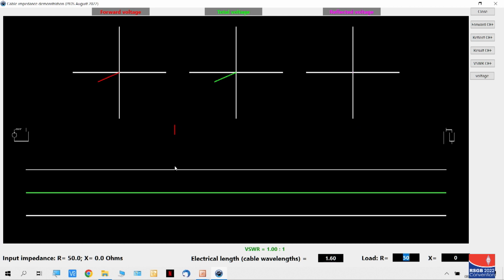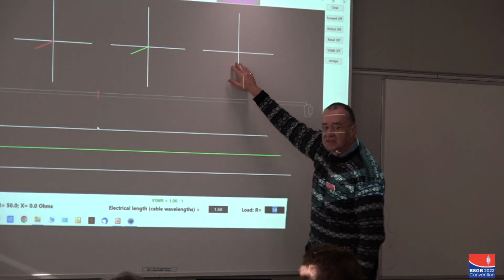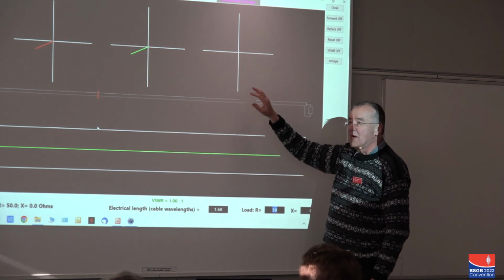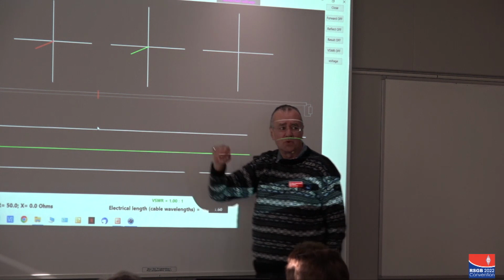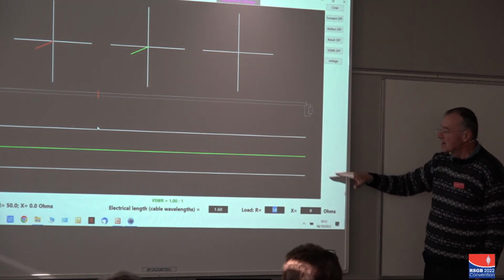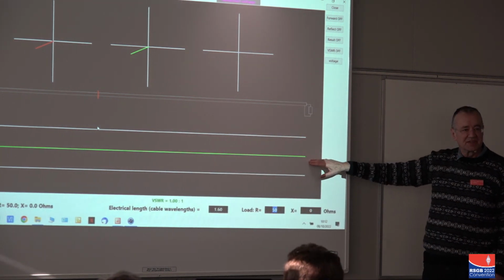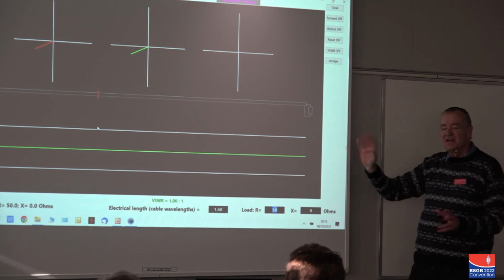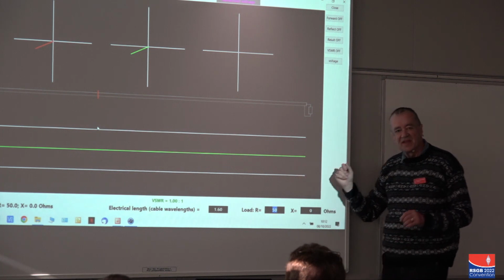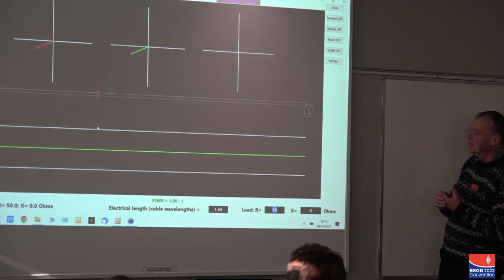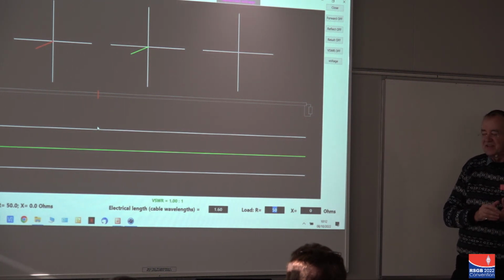That is always 0. And the sum is always just the same as the forward wave. And the line is then flat. And that's the perfect condition. Remember, this is a perfect line. In reality, it isn't quite like this, but it's a good approximation at HF using high quality feeder.